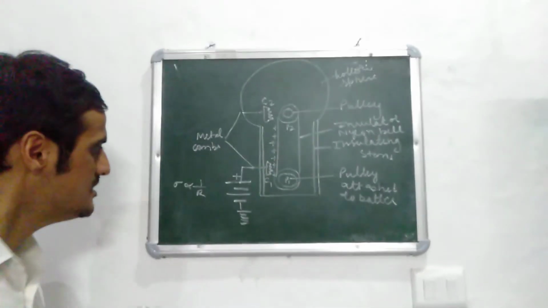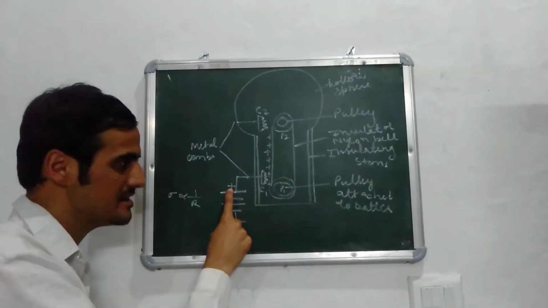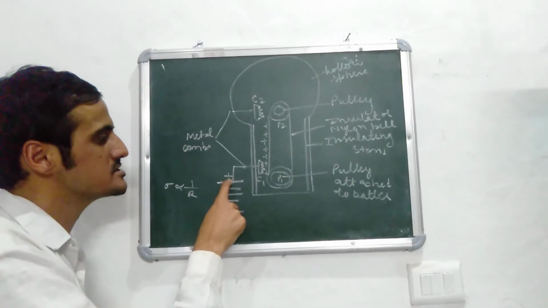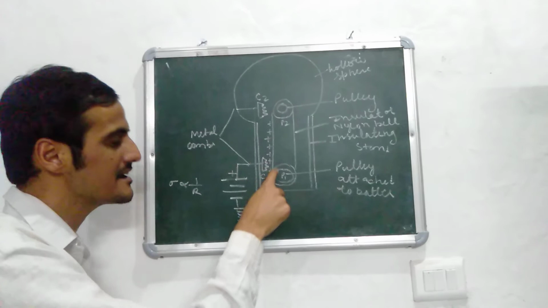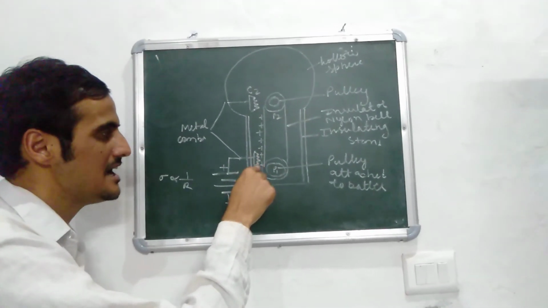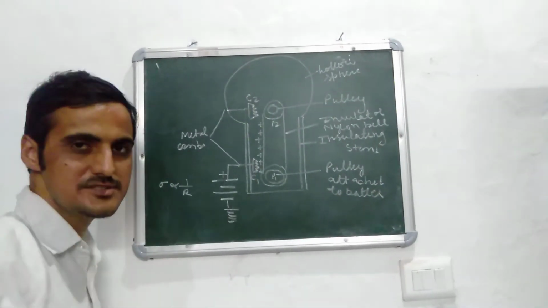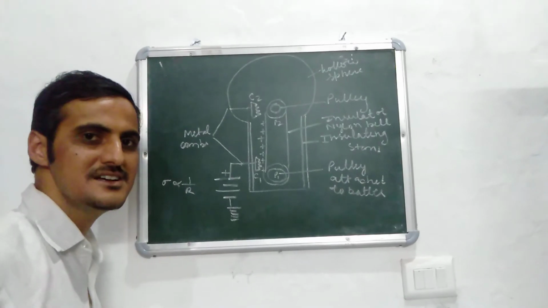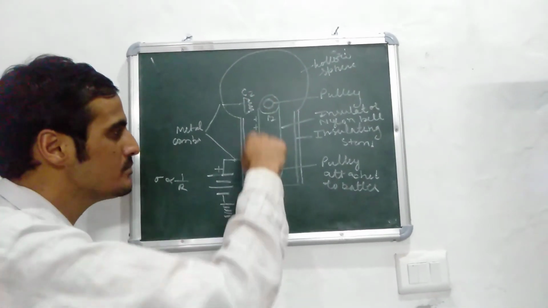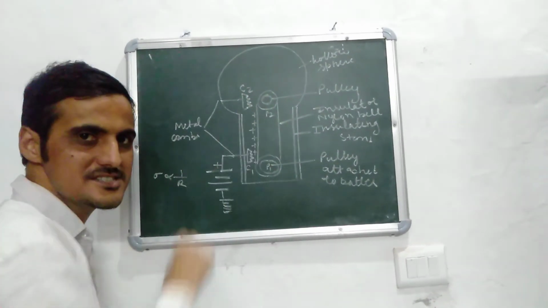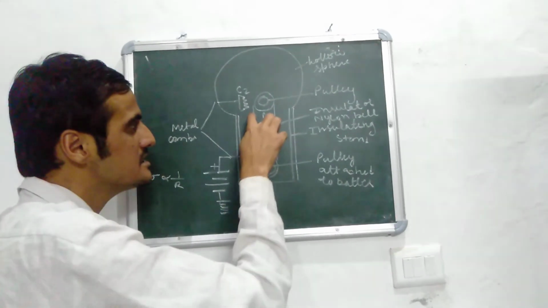I can repeat. It is attached to the positive terminal, so the positive charge goes inside. The nylon belt acquires negative charge and discharging takes place. Due to the discharging, the nylon belt acquires positive charge, and this charge goes to that place.